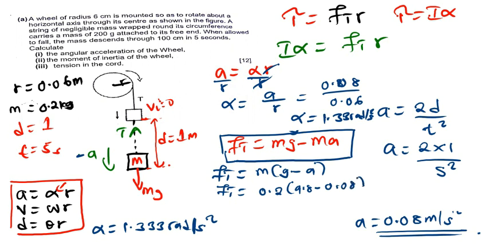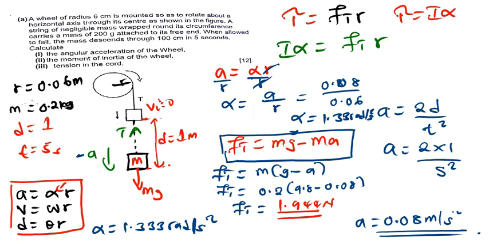So my Ft will be 9.8 minus 0.08, inside the brackets, then times 0.2. I'm getting my tension force to be 1.944 newtons.